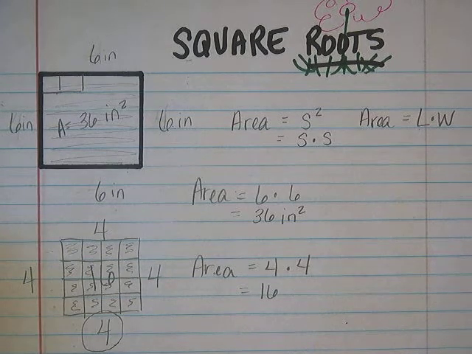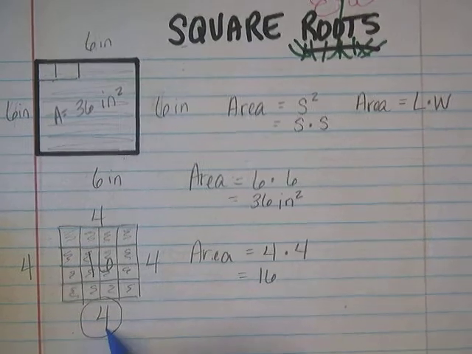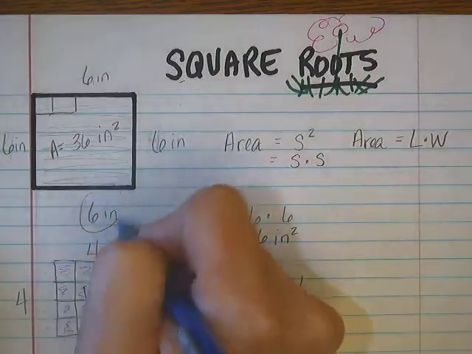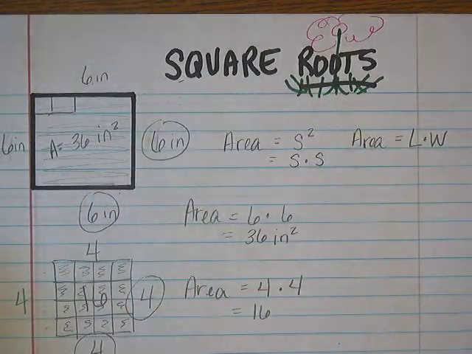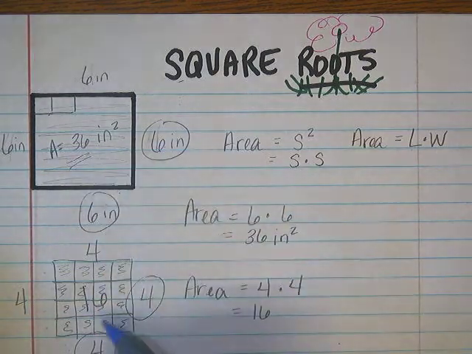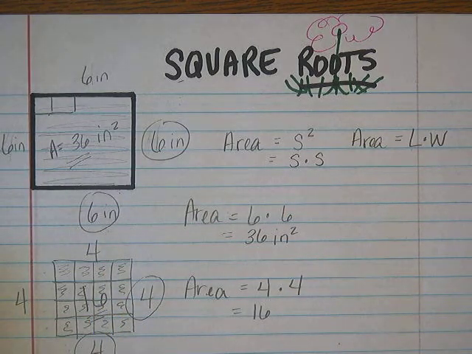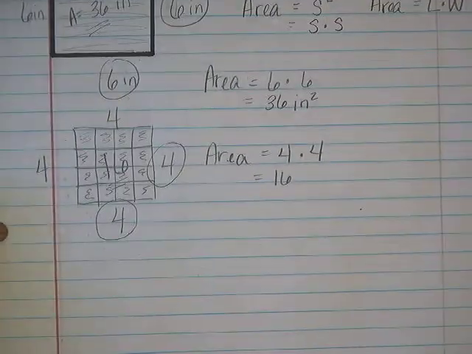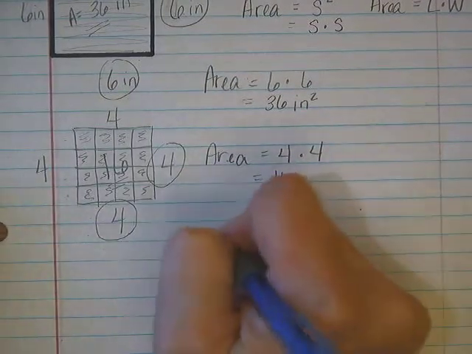So if we look at any number and we want to find the square root, we're really trying to decide what number times itself gave us the number we're trying to find the square root of. So let's look at an example.